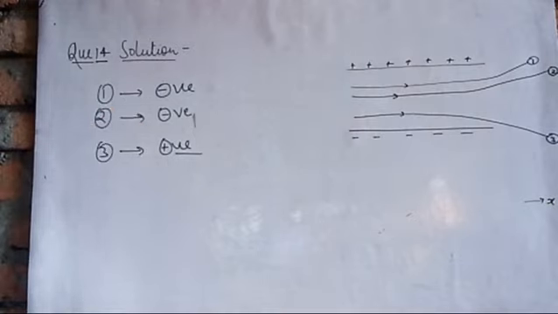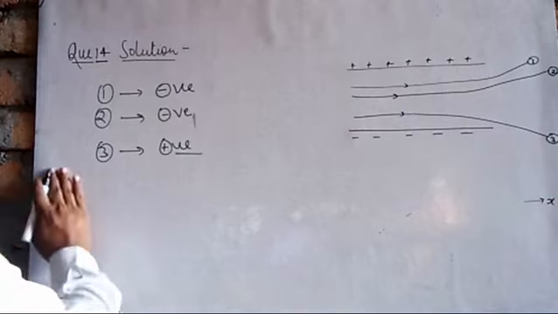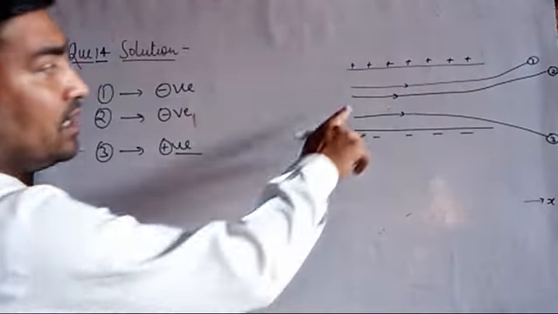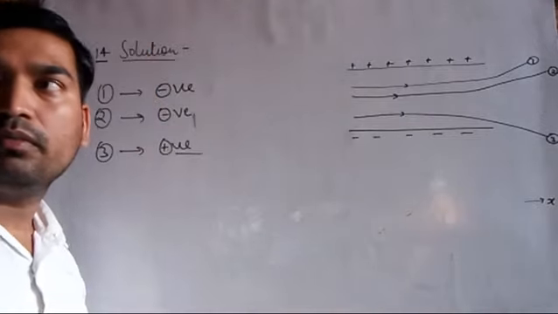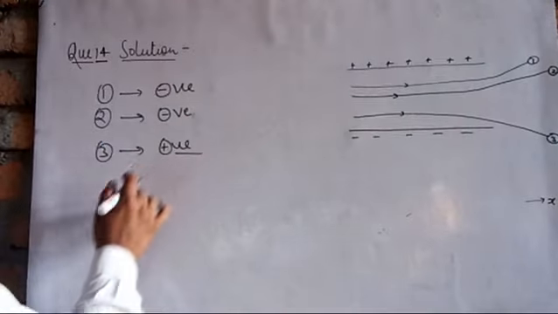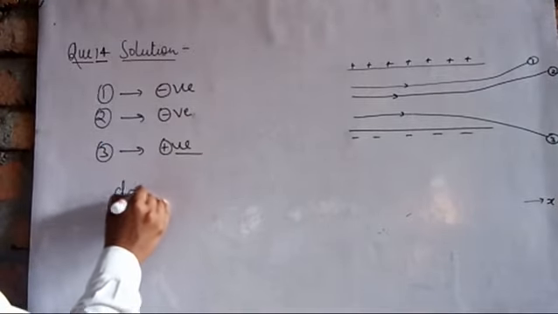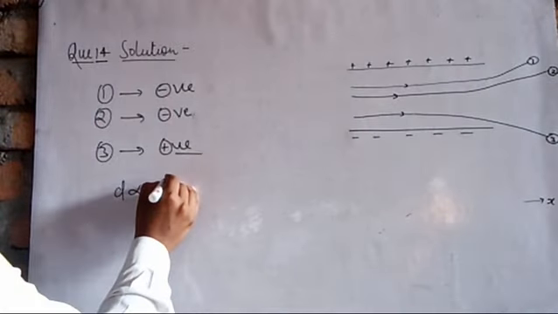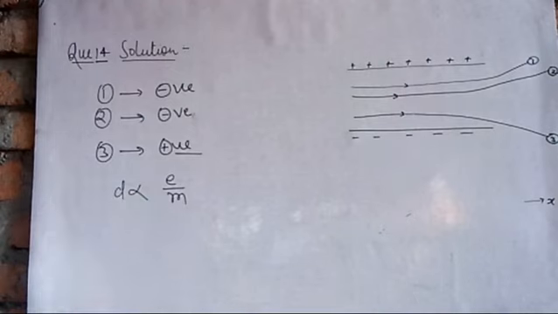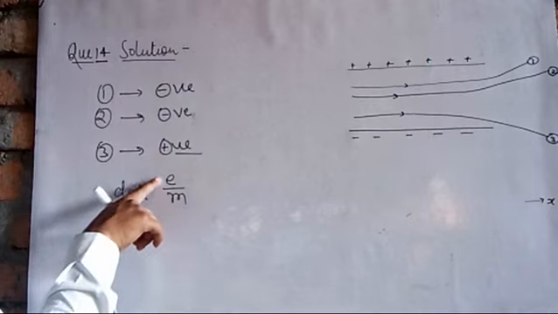And another question is, which one has the highest charge to mass ratio? I have already derived the equation for the trajectory of the electron inside the uniform field, and we found that the displacement is directly proportional to charge to mass. It means the charge which gets deflected more has more charge to mass ratio.